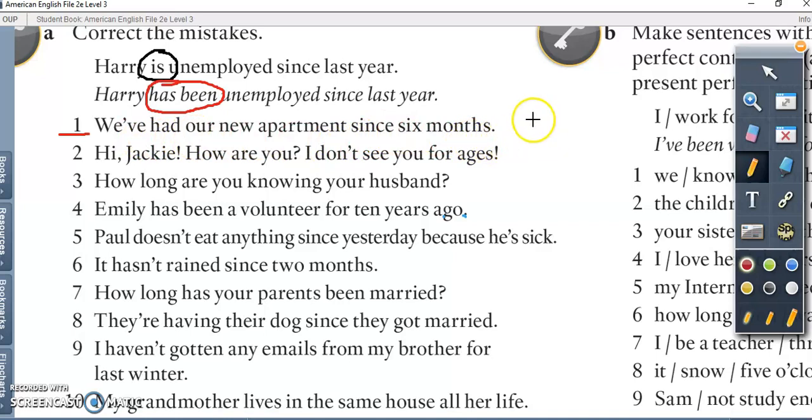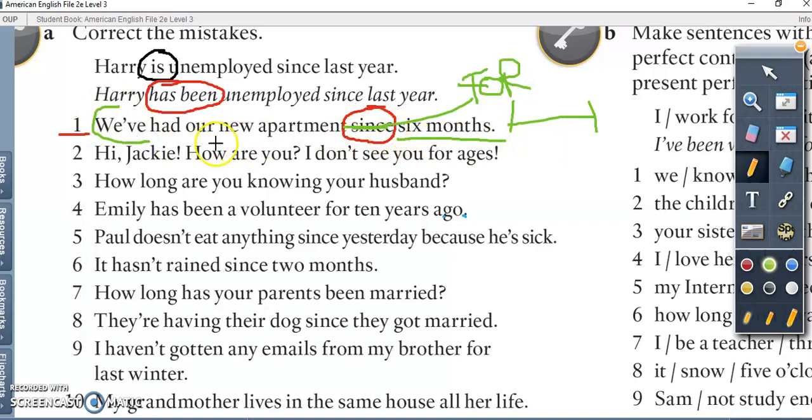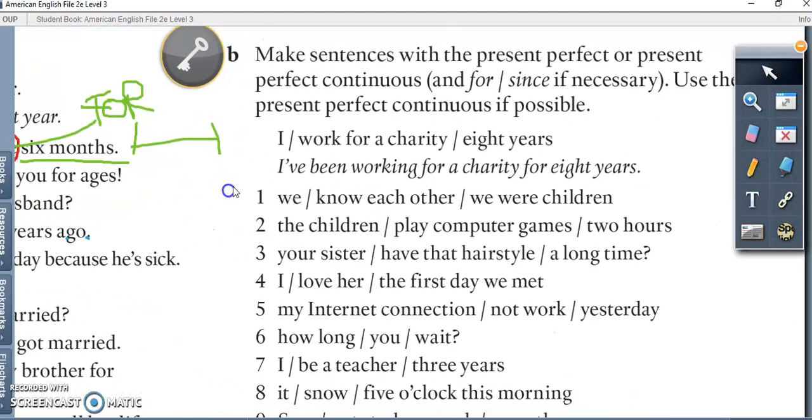What is the incorrect word here? Since, exactly. Because 6 months is not a point in the past, it's a period. And for periods, instead of since, we use for. So you're going to write the whole sentence again. Each of the sentences has one mistake.